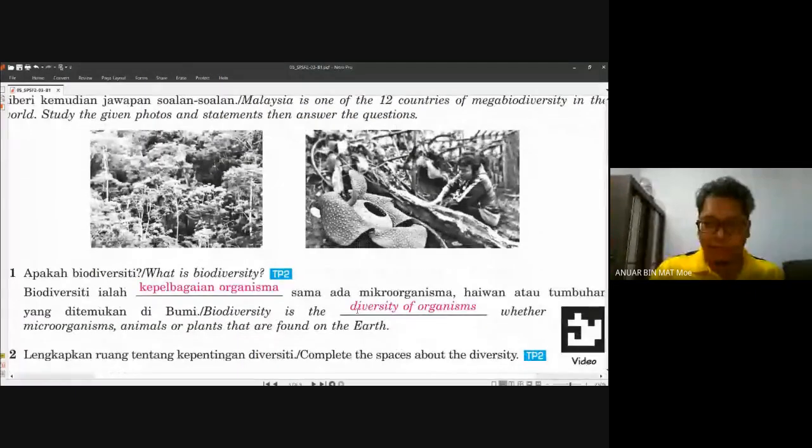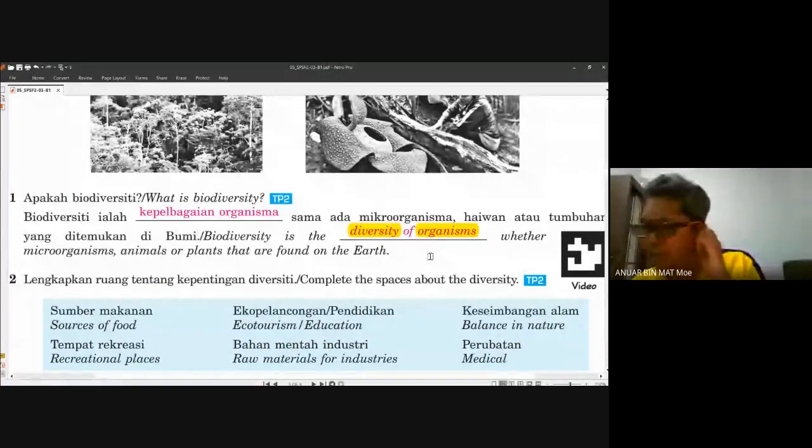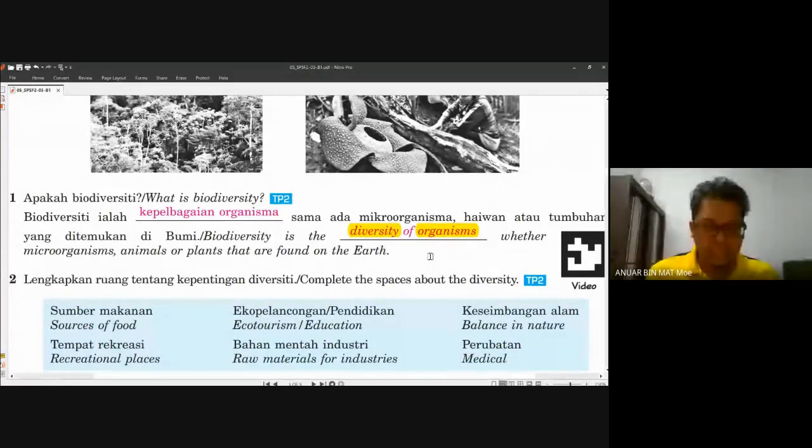Biodiversity is the diversity of organisms, whether microorganisms, animals or plants, found on the earth. Biodiversity is a combination of two words. Bio means living things, and diversity means the many types of animals and plants that exist on our earth.